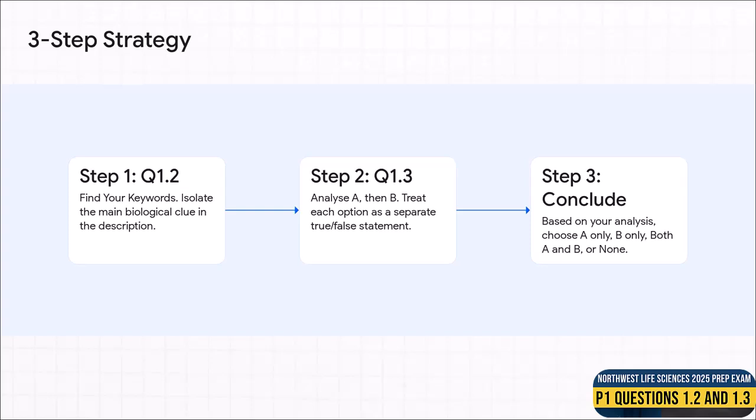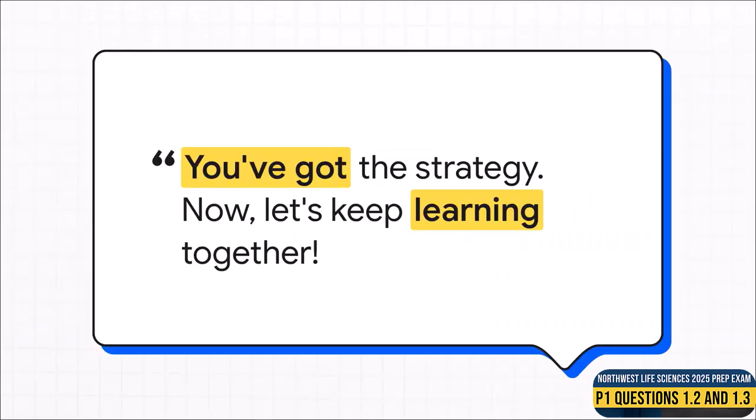And step 3, you conclude logically. Based on that analysis, you can confidently choose A only, B only, both, or none. It's easy to remember, and it's incredibly effective. So there you have it. You've got the strategy, you've seen it in action, and now you have the tools to stop losing those easy marks. The next step is just to practice it. So let's keep learning together.